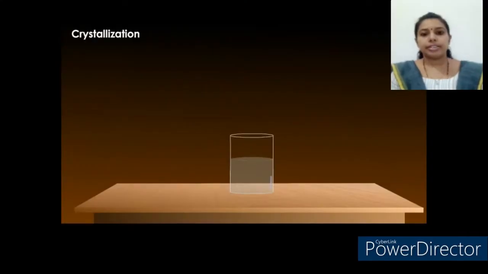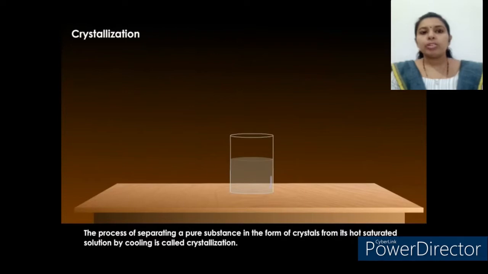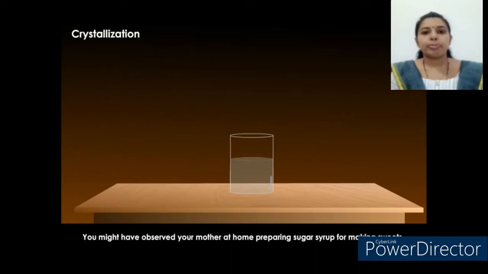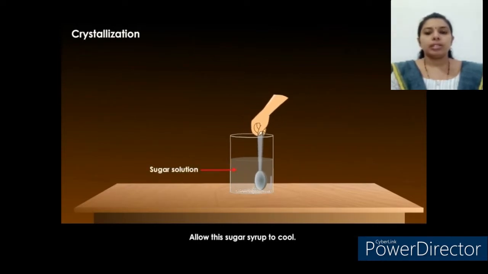Next, crystallization. The process of separating a pure substance in the form of crystals from its hot saturated solution by cooling is called crystallization. You might have observed your mother at home preparing sugar syrup for making sweets.